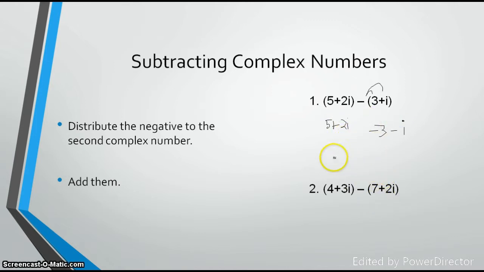Then you add them, like adding complex numbers. You add the real, 5 plus -3, and then 2i plus -i, or 2i minus i, and you get 2 plus i.